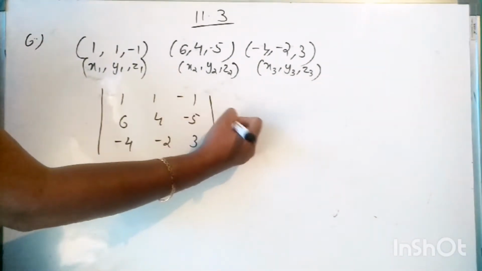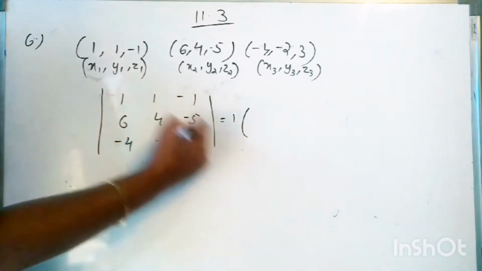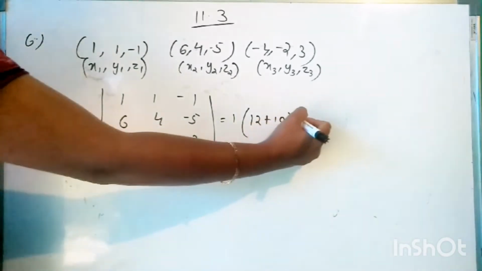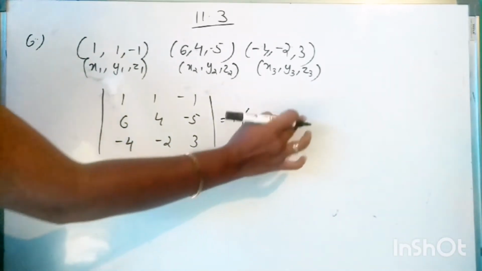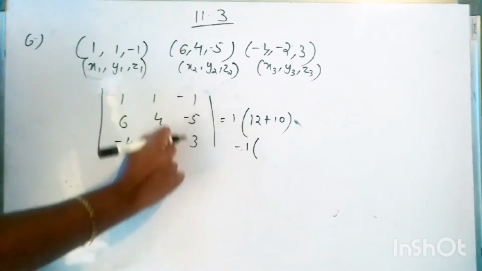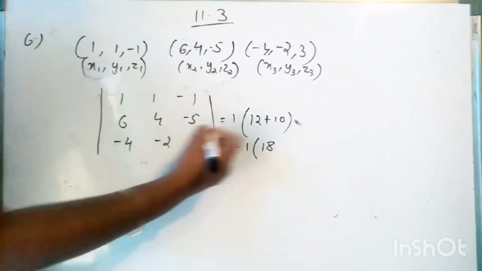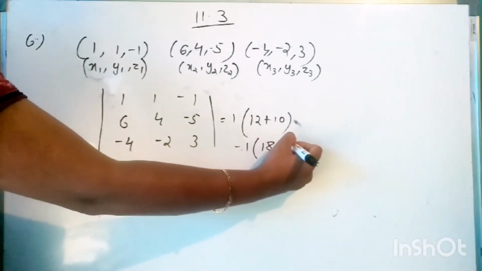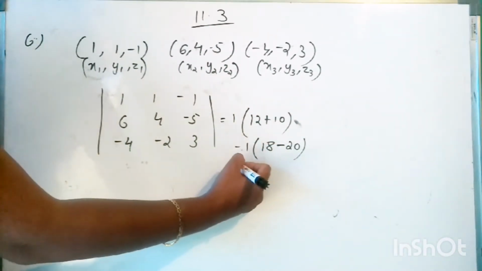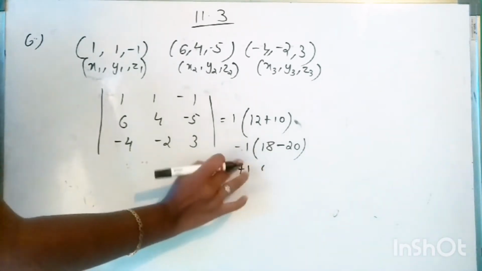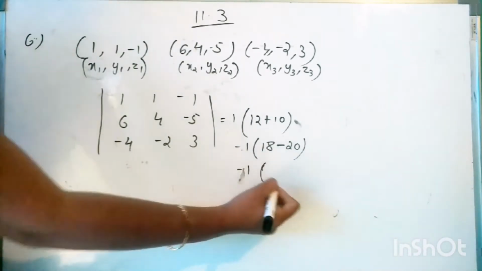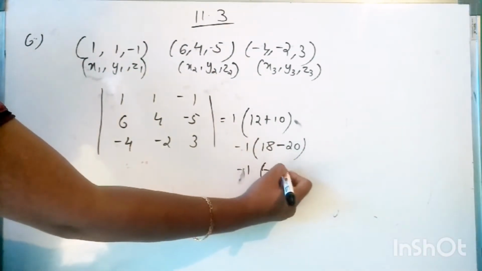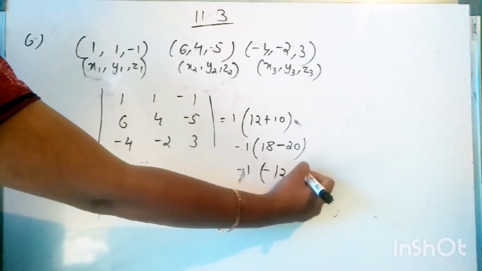Then take the determinant with respect to the first row. We will get 1 into (4 into 3 = 12, plus 10), minus 1 into (18 minus 20), plus (-1) into (6 into -2 minus 12, plus 16).